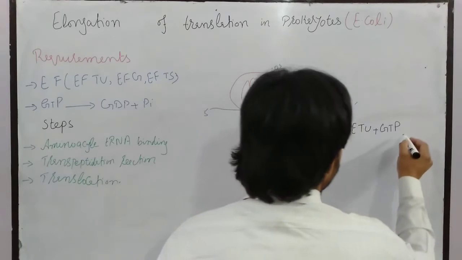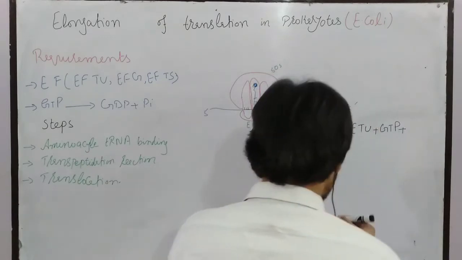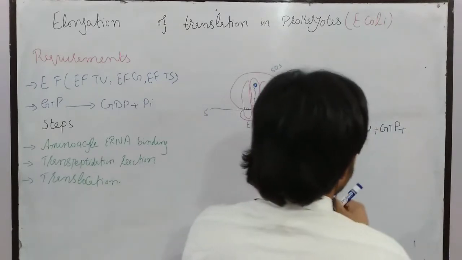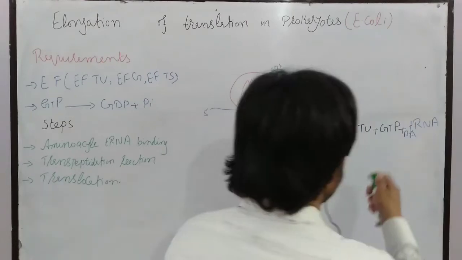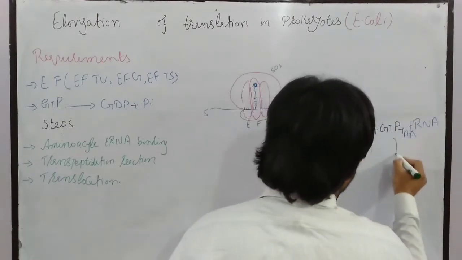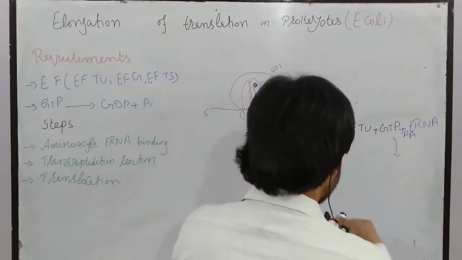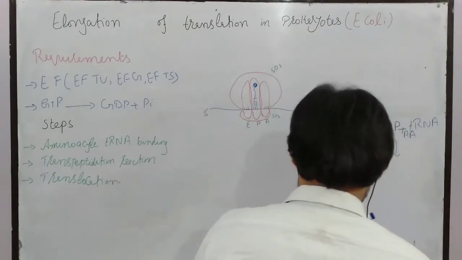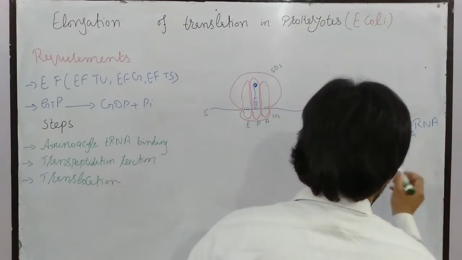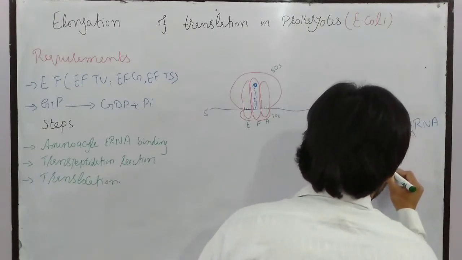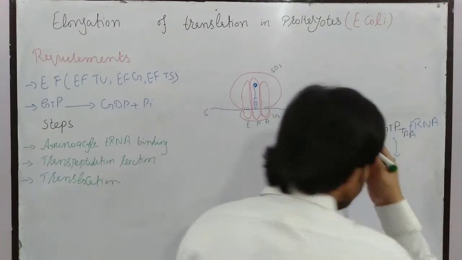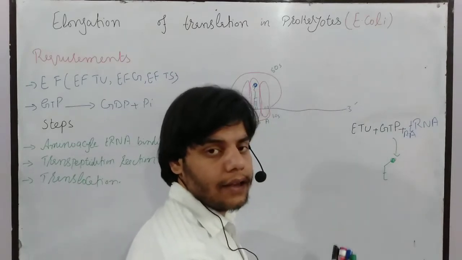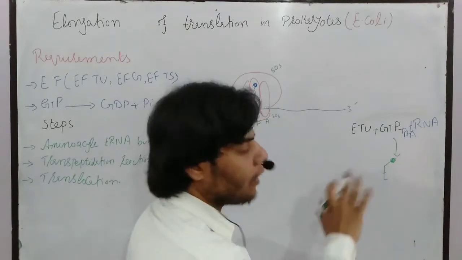Then after that, it reacts with the transfer RNA. Then what exactly do we get? We get a structure like this. So this is the new transfer RNA. It carries the amino acid. It could be phenylalanine, alanine, leucine, tyrosine, any kind of amino acid.